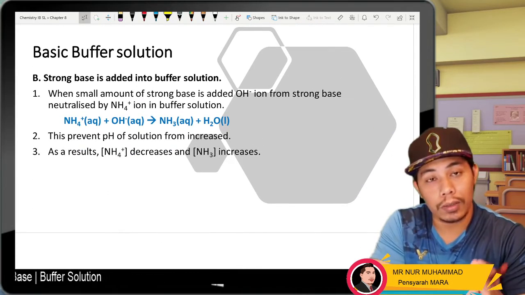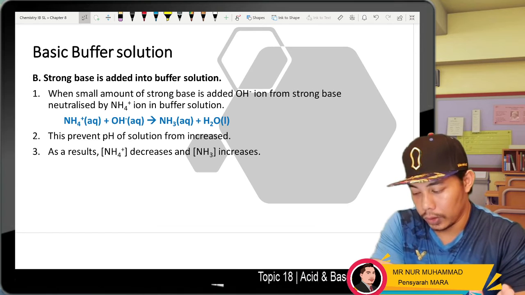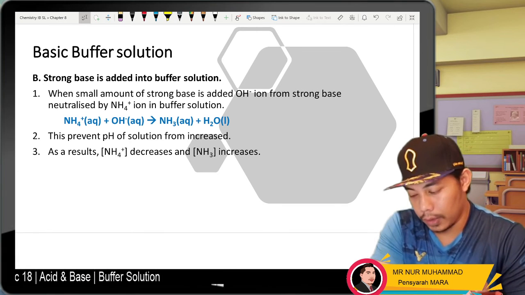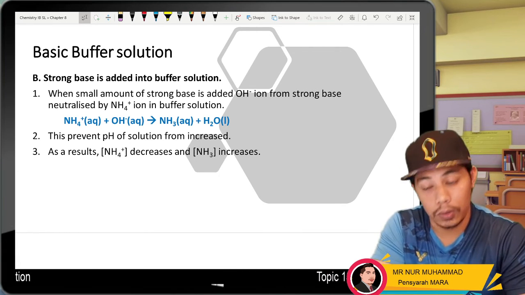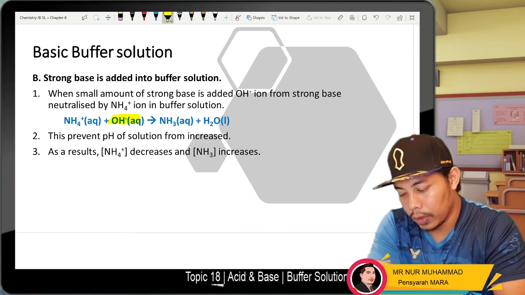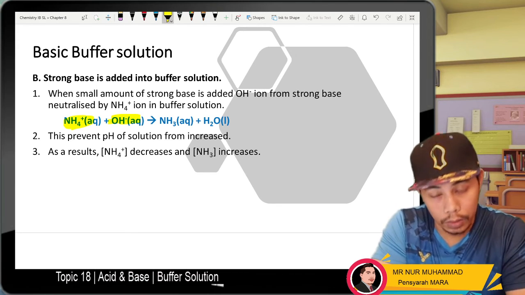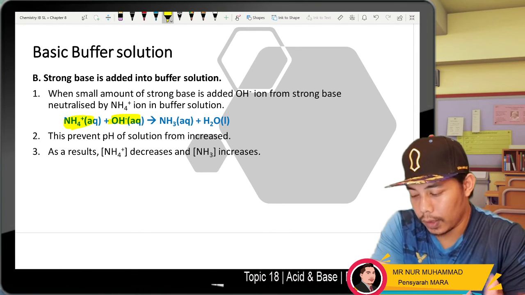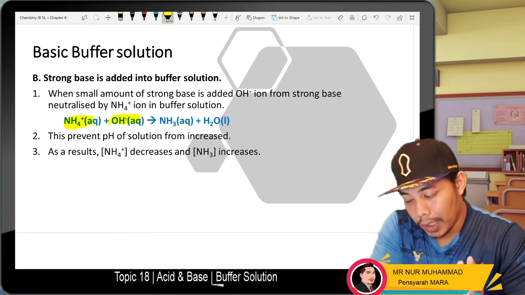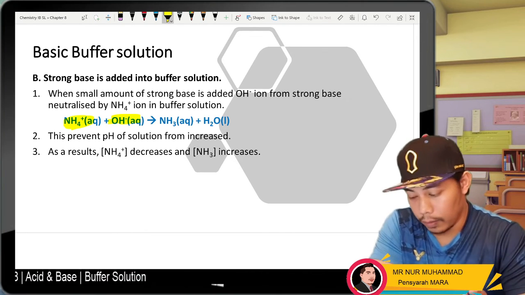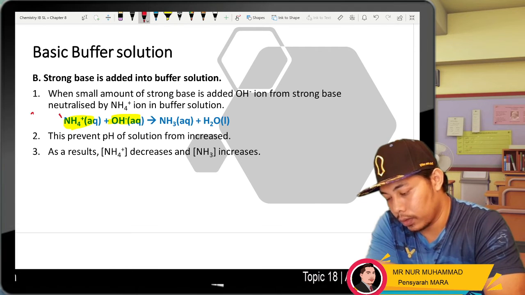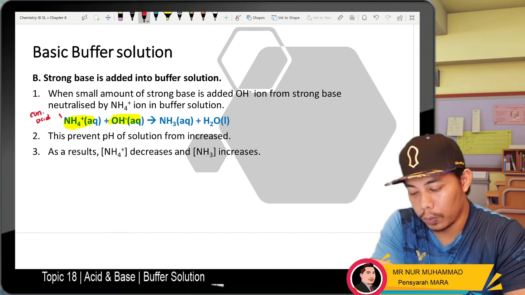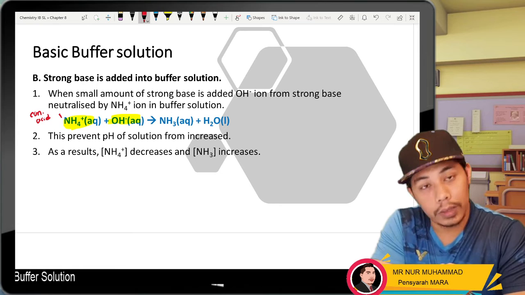What happens when a strong base is added into the basic buffer solution? The strong base dissociates to hydroxide ion. This hydroxide ion is neutralized by ammonium ion that comes from the ammonium chloride. The ammonium ion is the conjugate acid, and it neutralizes hydroxide ion to produce ammonia and water.